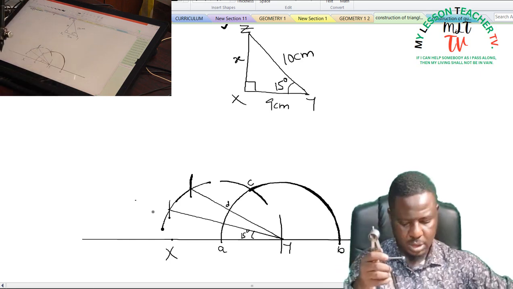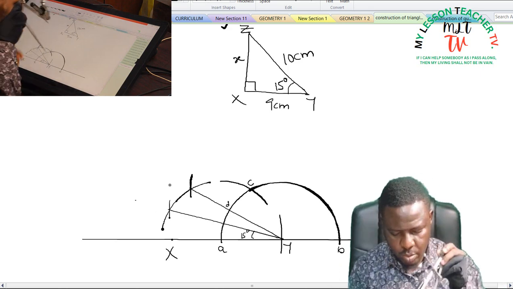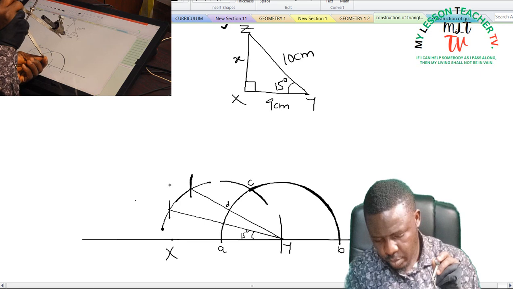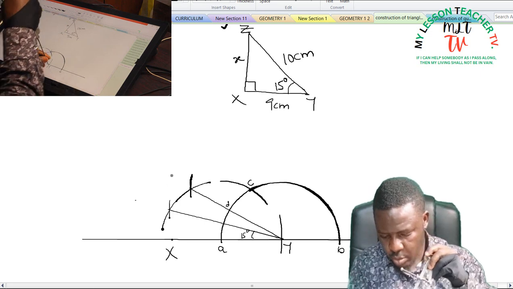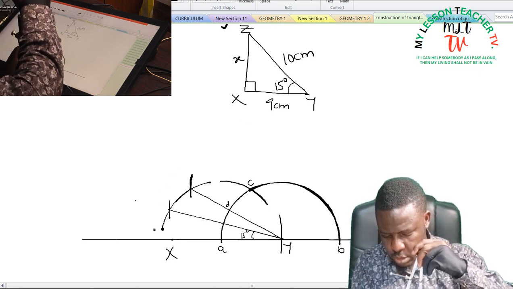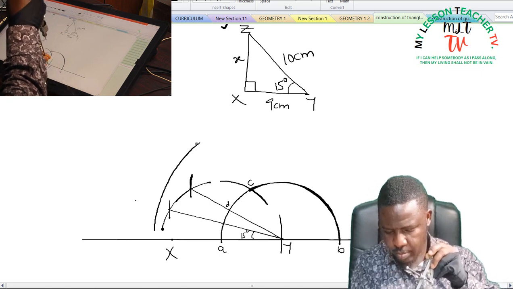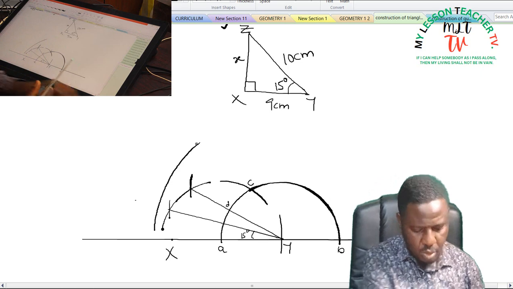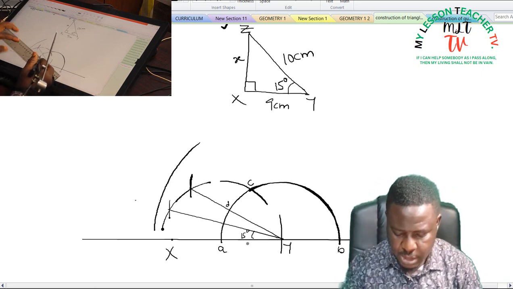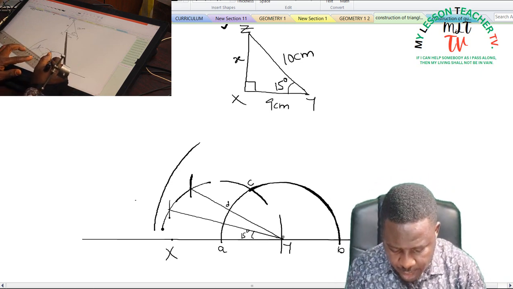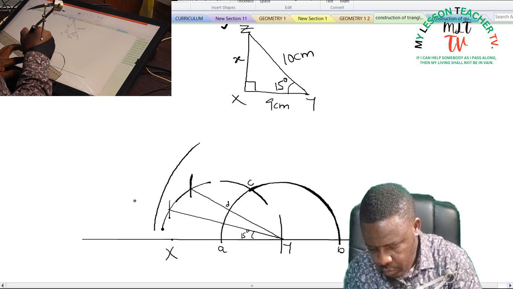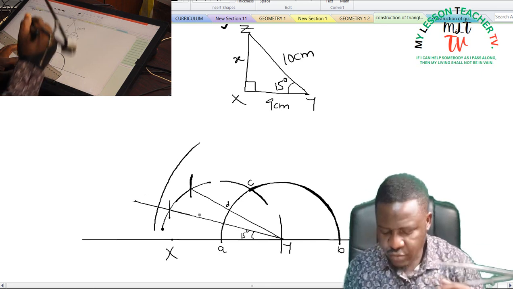Okay, this is the 10 centimeter mark. So with Y as center, you construct an arc. So this is 10 centimeters. All you need to do is to extend the line to cut that arc. So you have something like this.